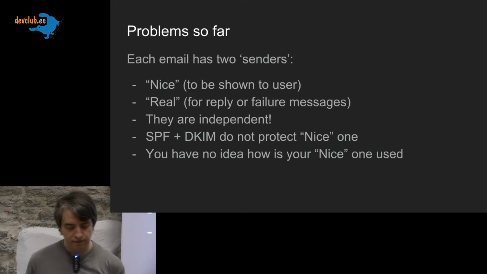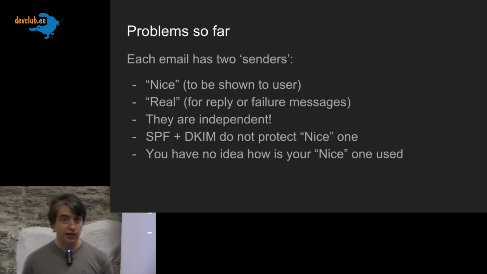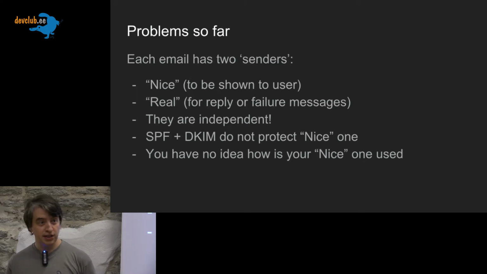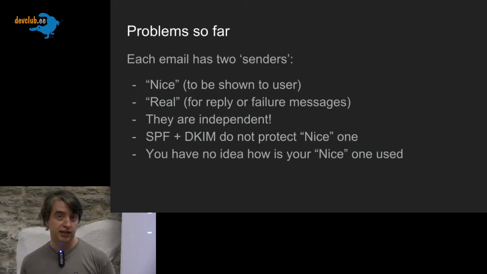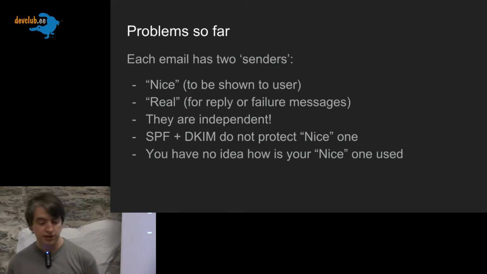So let's recap. What did I tell so far? We have each email having two separate senders. They can be separate domains. One is shown to the user. The second is used to send back technical information like, for example, delivery failure or reply. These addresses are independent. It's a big problem.